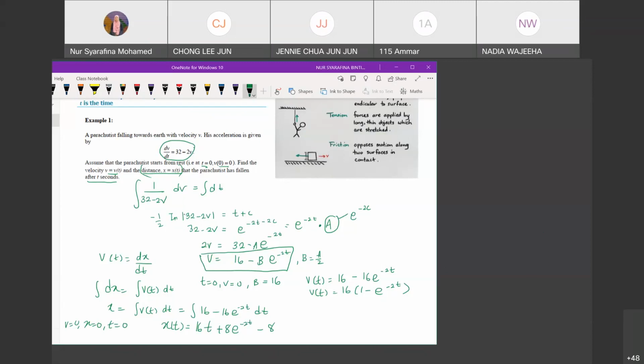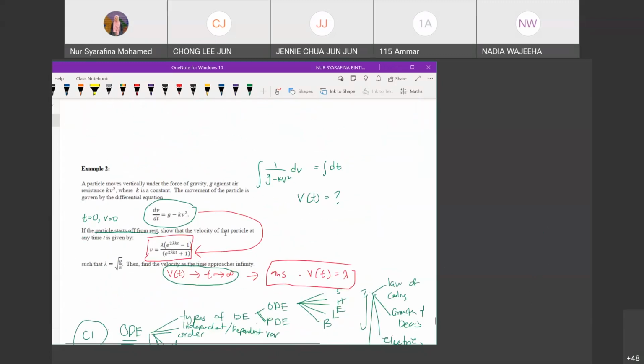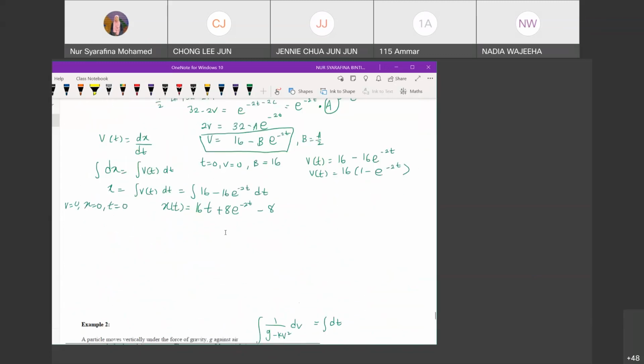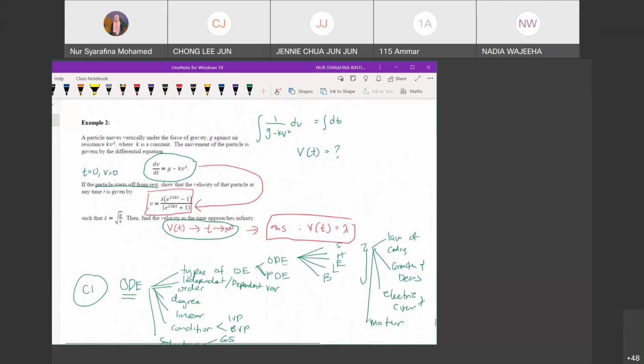Okay, good, clear. So now I'm going to leave you with example 2. Try to finish this and then submit through the activity in the e-learning. So I can briefly explain here first. A particle moves vertically under the force of gravity g against air resistance. So this is the condition of the particle moving.